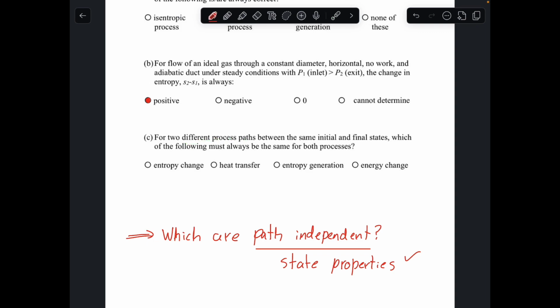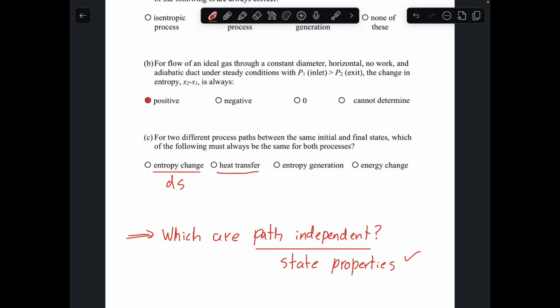path that is taken. So whenever you see changes in state properties, we'll usually write them, if we're writing them in the differential form, with a d, for an exact differential. This is something that we would write for a state property because it doesn't depend on the path.